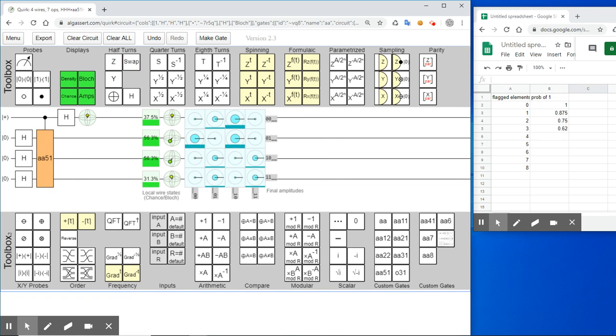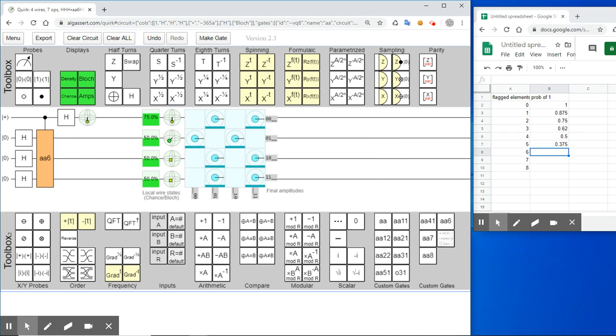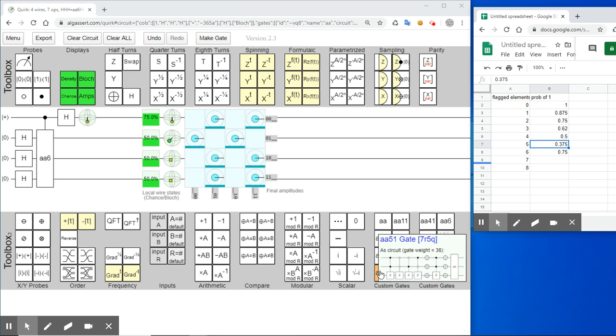With 5 is 0.375. Sorry, this is 5. So this is 5, and this is 0.5. With 6, we got 0.75 again. Yeah, okay, so it is. Okay, but that's funny. This one is weird, right? The 5.